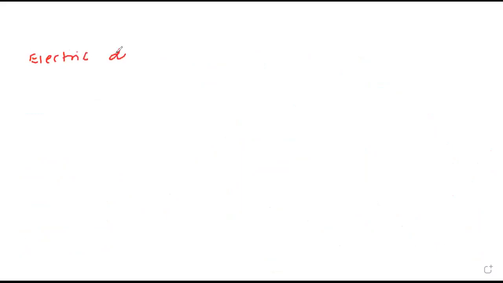Electric dipole. So di means two and pole means at ends.